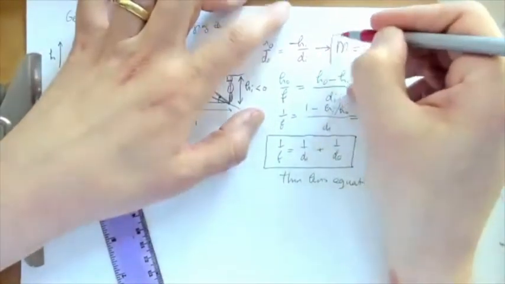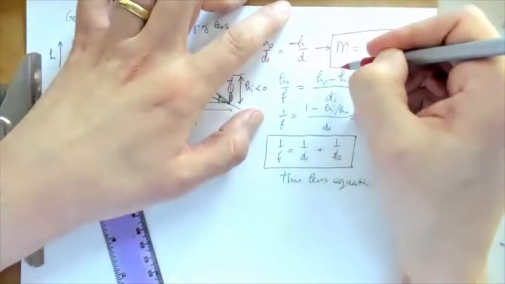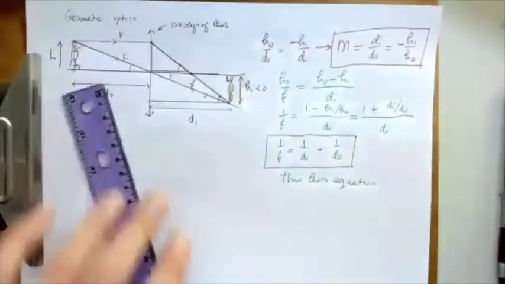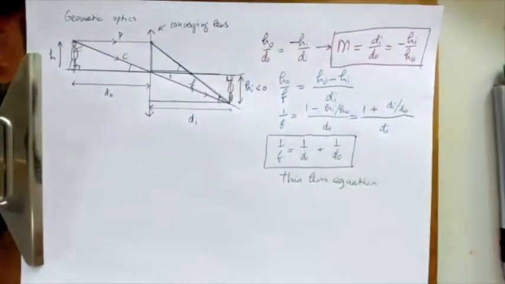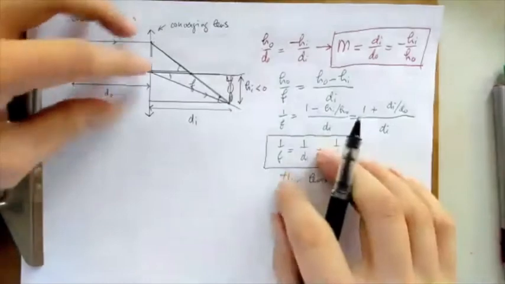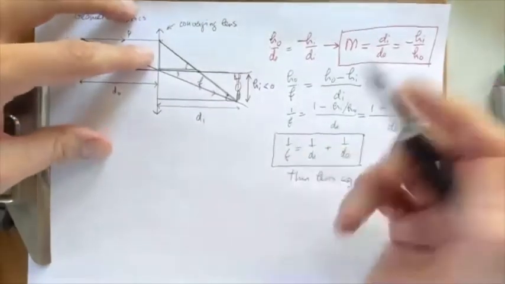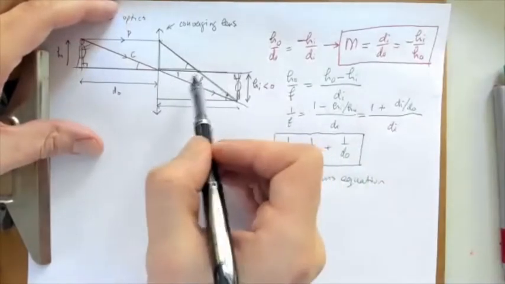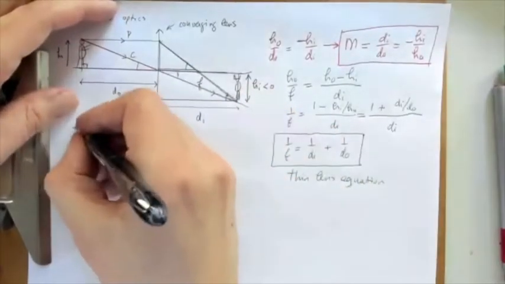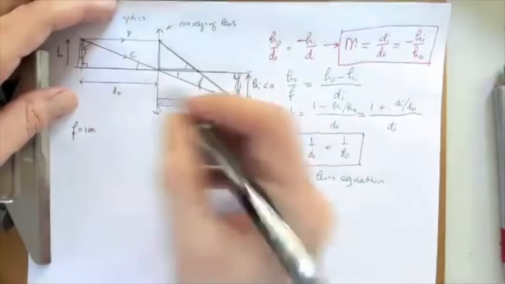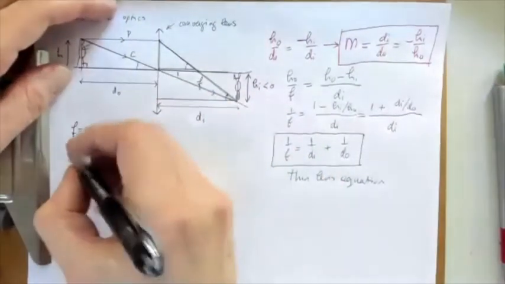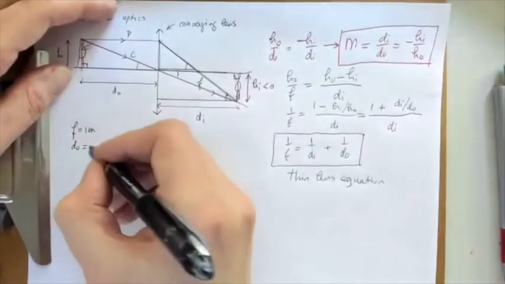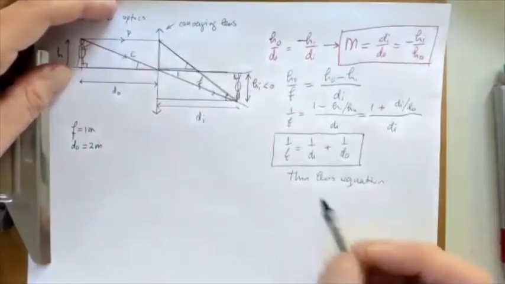So there's a minus there. All right, so let's see if this works for the numbers that I put in. So in fact, in this case, if this is 1 meter, I would call do 2 meters. So do is 2 meters.